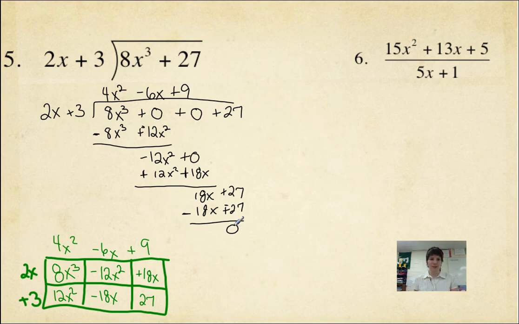So I got the exact same answer that I had before when I did it with the box method. Number 6 is exactly the same regardless of which method you choose. The only thing you have to notice here is that it's not a monomial in the denominator, it's a binomial, so you have to use one of these two methods. Give it a try, come back and check your work.